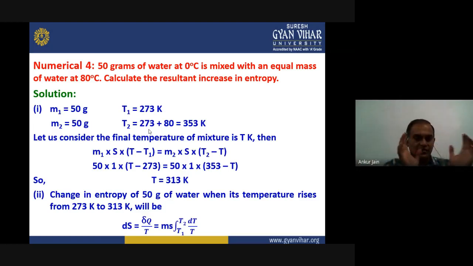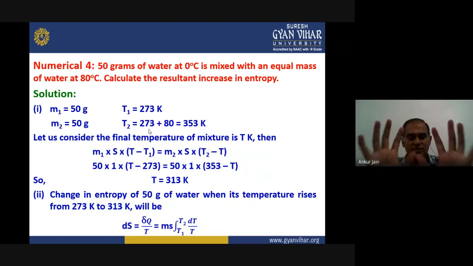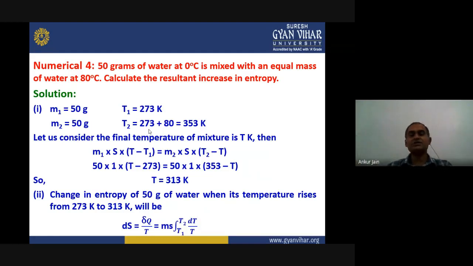So we will calculate m1 into s into T minus T1, because from 0 to some intermediate state the temperature is increased. And for the second, it will change from T2 to T, right? So we are comparing it.